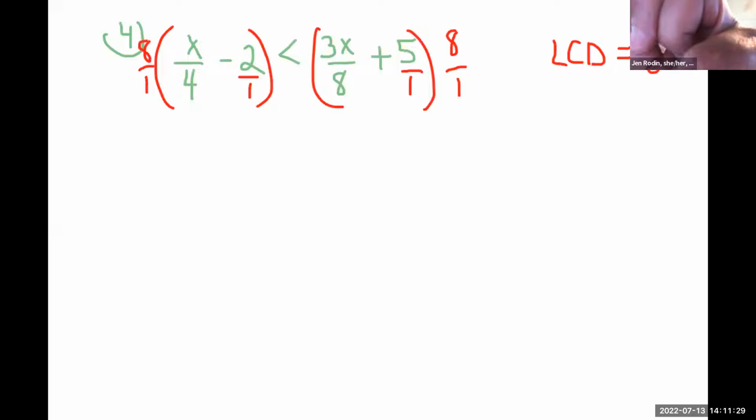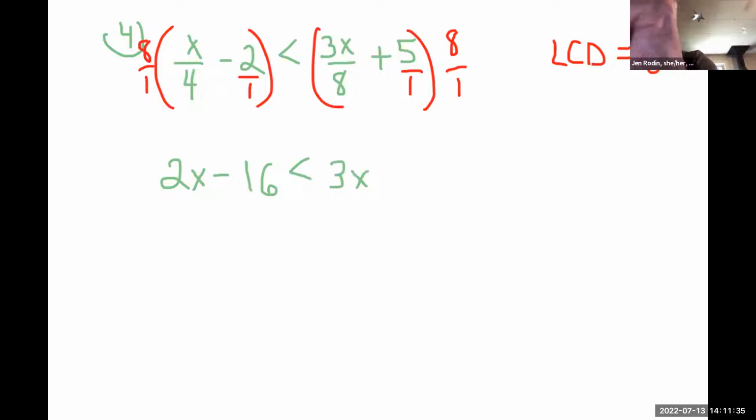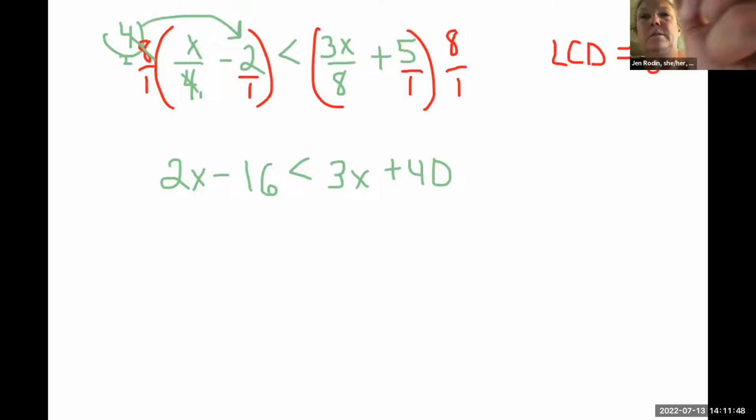So we've got 2x minus 16 is less than 3x plus 40. Because the 8 canceled here to turn into a 2. Over here, it didn't cancel, so it was negative 16.